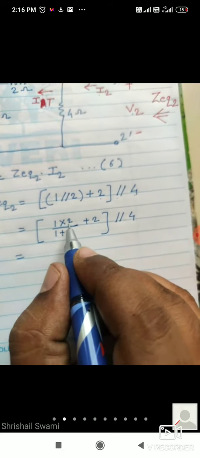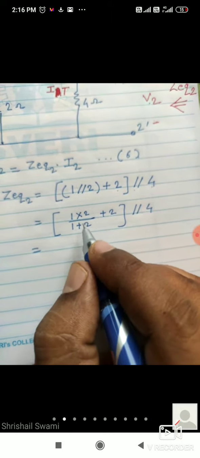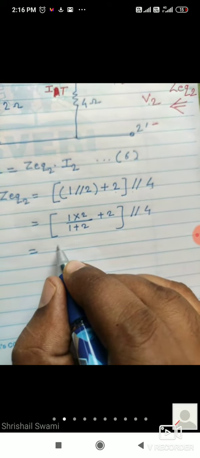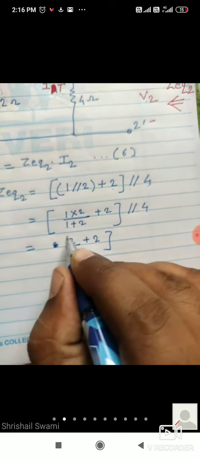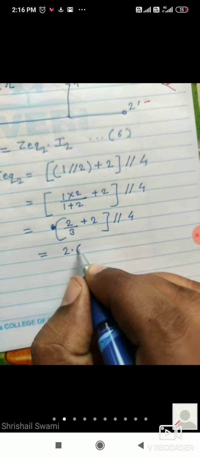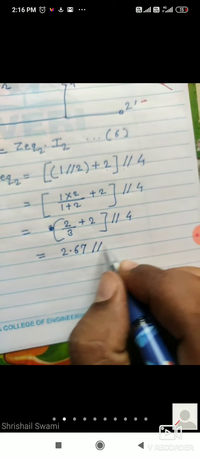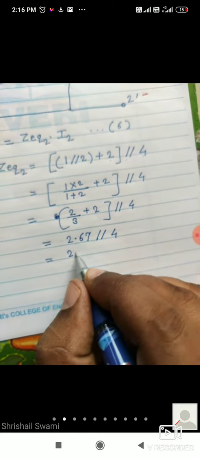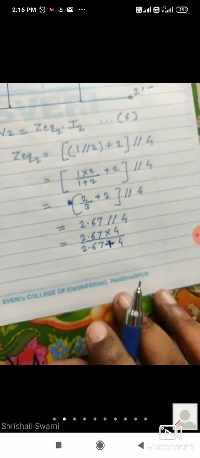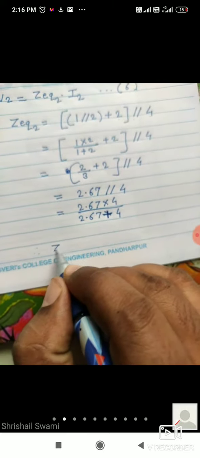So 1 into 2 divided by 3, that is 2 divided by 3. किती येईल सांगा आन्सर मला. 0.6 किंवा 2/3 मी as it is ठेवतो. 2/3 plus 2, which is parallel with 4. ओके. सो ठीक आहे. 0.66 आणि हा 2 म्हणजे 2.66, 2.67 होईल. 2.67 is parallel with 4. याचा आन्सर सांगा. 2.67 into 4 divided by 2.67 plus 4. याचा आन्सर सांगा. That is Z equivalent.